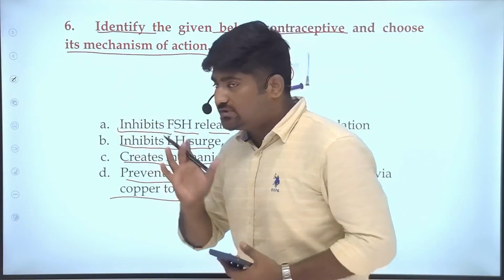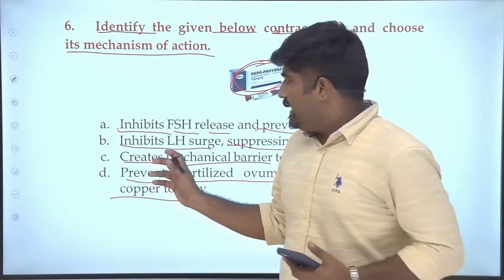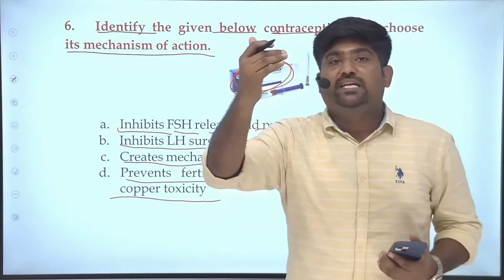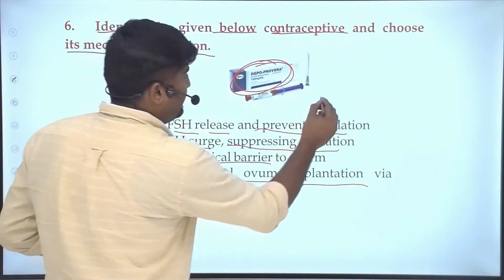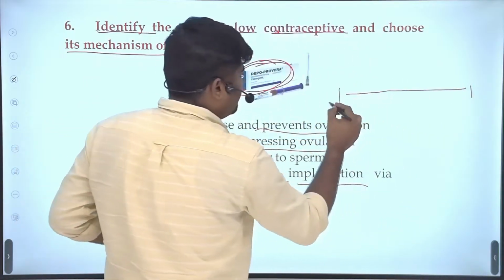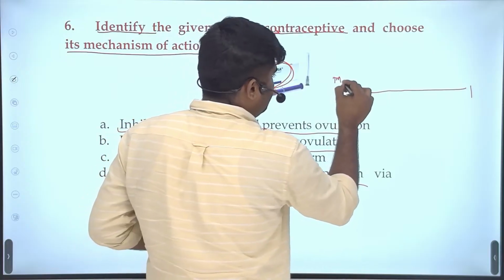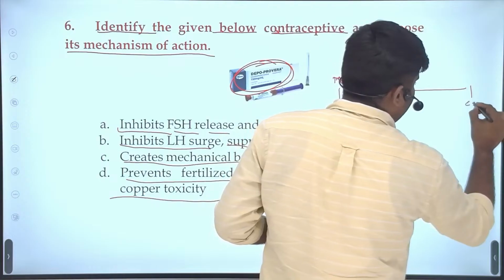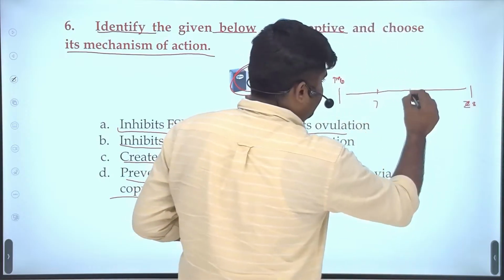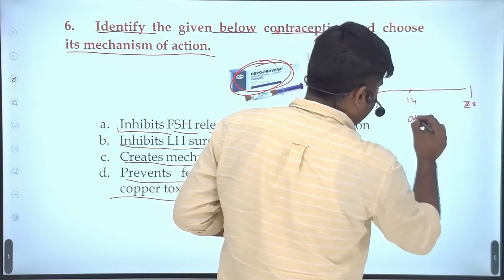Okay, how is it going to inhibit ovulation? The LH surge peaks at day 12 to day 13. This is the menstrual cycle, till day 28. Mid cycle, day 14, is called the ovulatory phase.